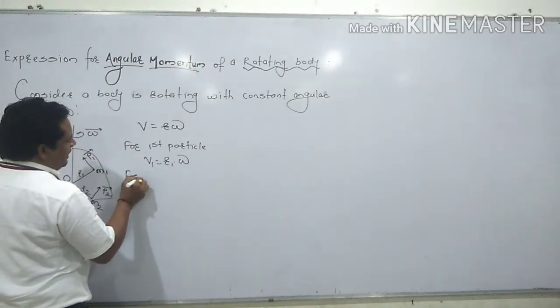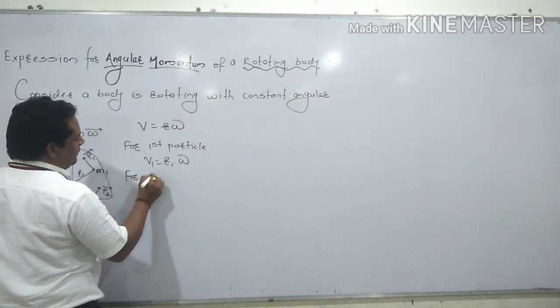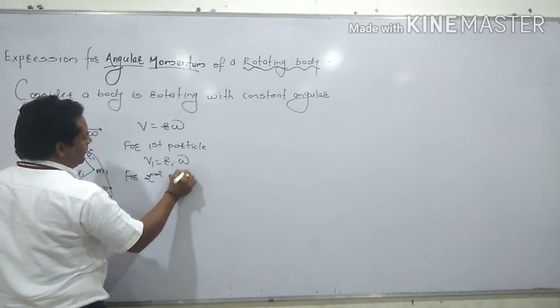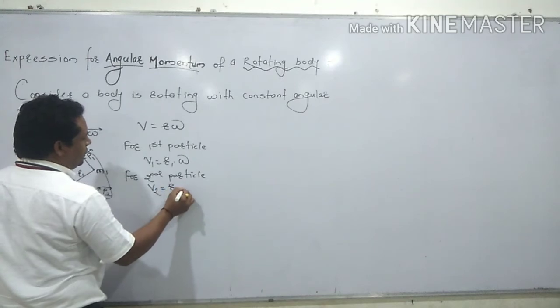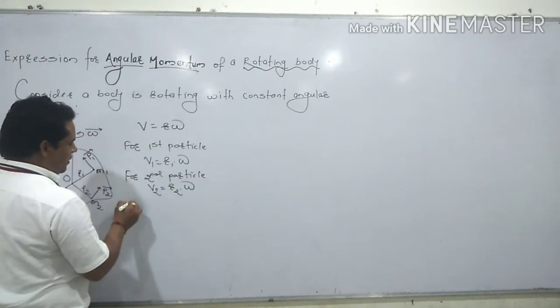This formula can be written, for the second particle, V2 is equal to R2 omega.